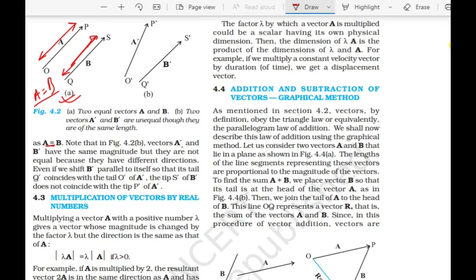Note that in figure 4.2, vectors A dash and B dash have the same magnitude, but their direction is completely different.